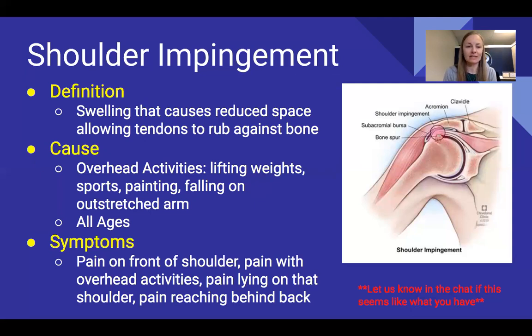Pain with those overhead activities after a certain point. Pain laying down, if you're laying down on that shoulder at nighttime and it's waking you up in the middle of the night, you could be someone with impingement. If you have pain kind of reaching behind your back, that can be another sign of impingement. So it just really decreases that space. And so it just doesn't have enough room to move around, and you get kind of pinching feelings.